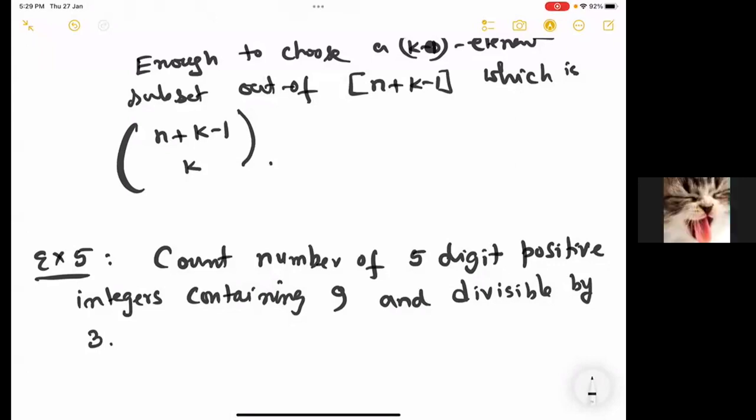So when you say 5-digit numbers, is the leading digit allowed to be 0? No, that is not a 5-digit number. By 5-digit number we mean that the leading digit should not be 0.